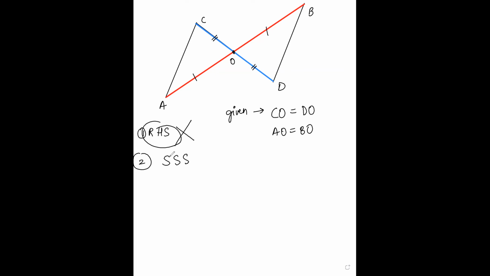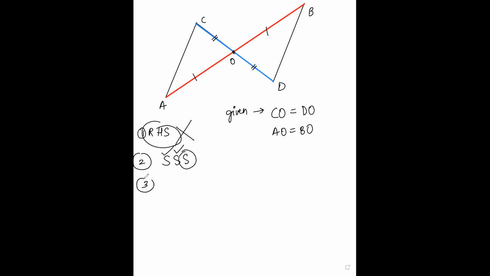So here you have 2 sides that are equal. The AO in this triangle is equal to BO in the other triangle. Similarly, this blue line and that blue line. So 2 sides in these 2 triangles are equal, but we don't know about the third side yet. So we can't say anything. We don't know about the third side.